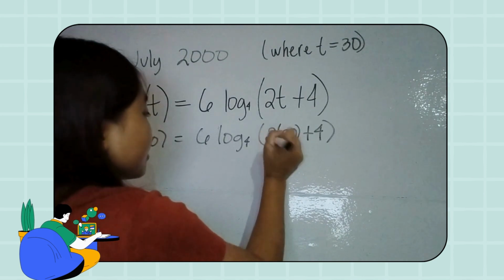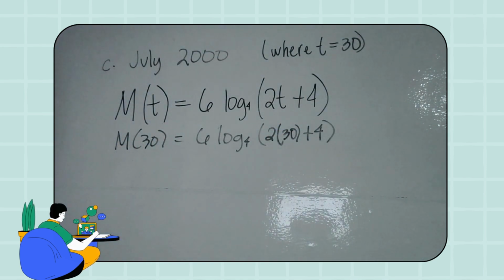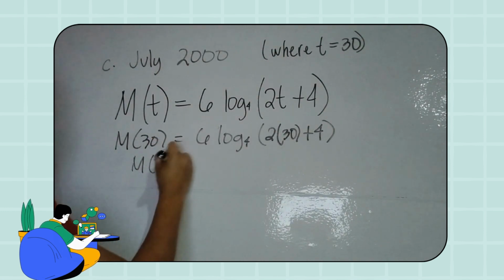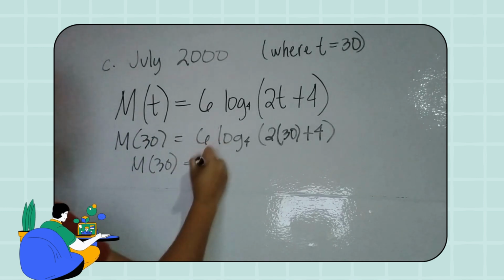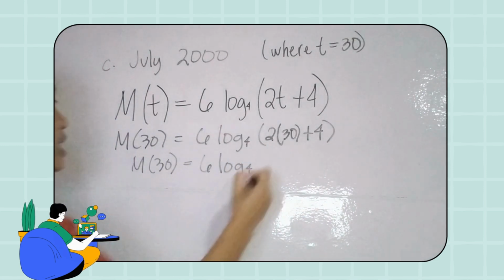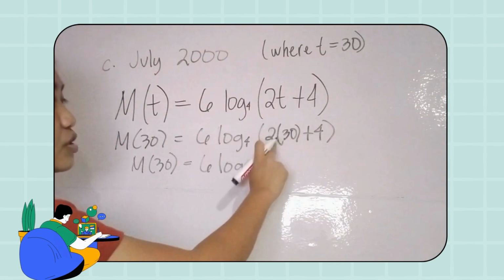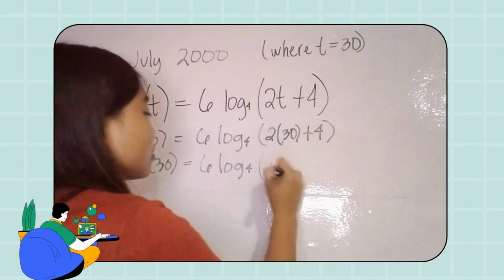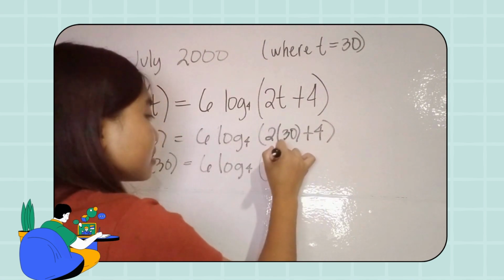Now, let us simplify it. We have m of 30 equals 6 times the logarithm base 4 of 2 times 30, which is equal to 60, plus 4, which is 64.